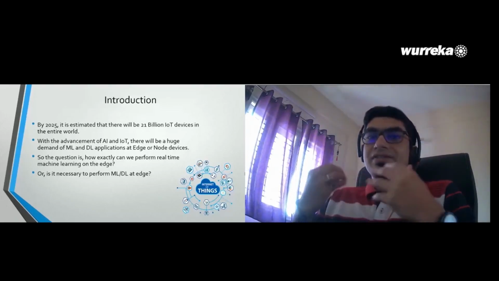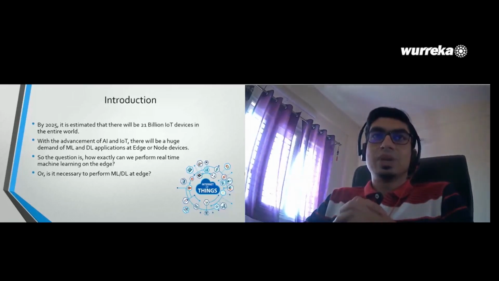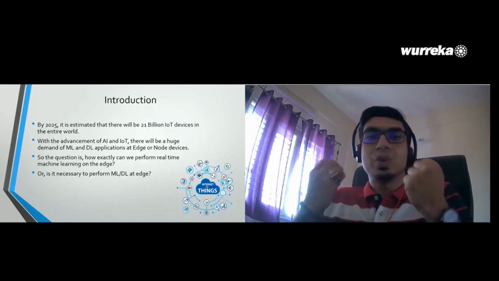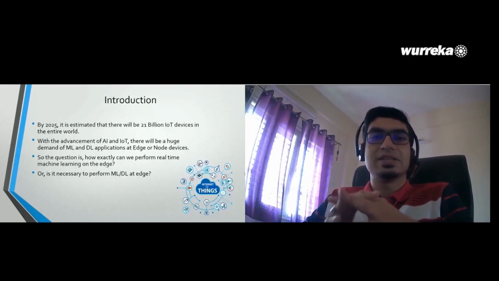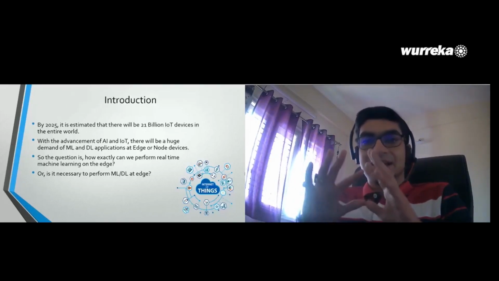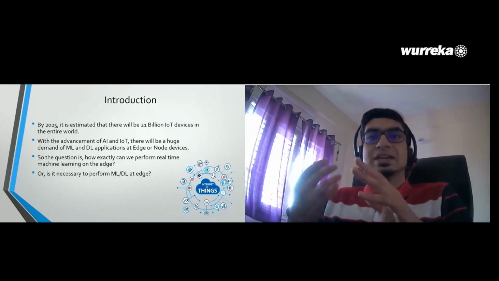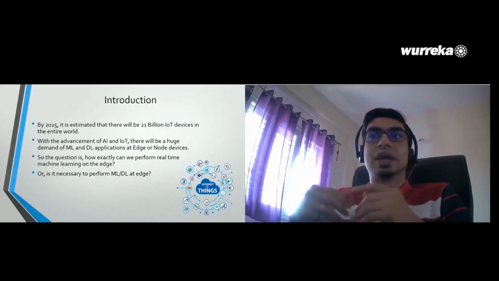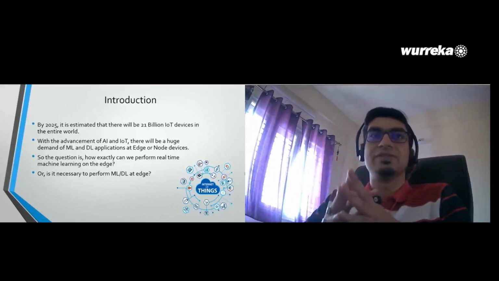It is estimated that by 2025, there will be around 21 billion IoT devices in the entire world. Now, I'm not going to cover what exactly is IoT, and I'm hoping that everyone has some exposure. But again, if not, feel free to ask me.